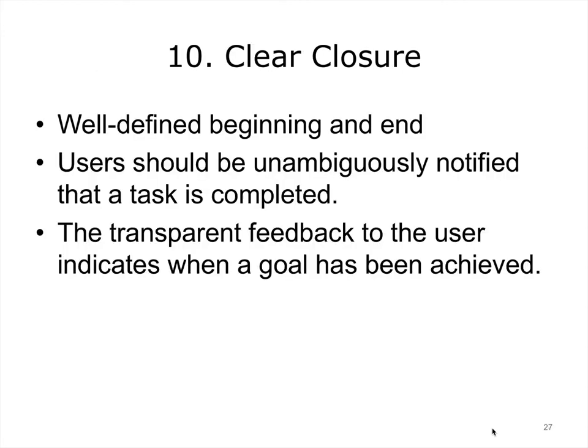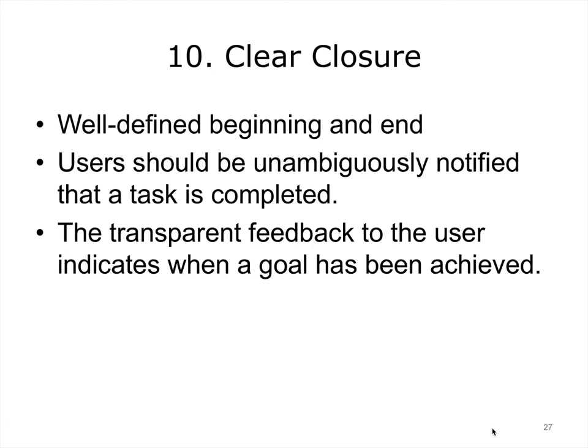Clear closure means that each task has a well-defined beginning and end. Users should be unambiguously notified that a task is completed. Specifically, each interactive transaction needs a beginning, middle, and end to accomplish the 7 stages of action proposed by Norman.